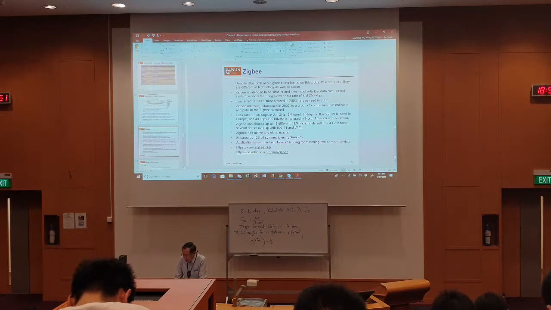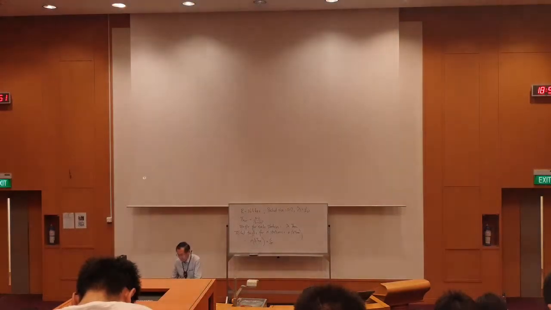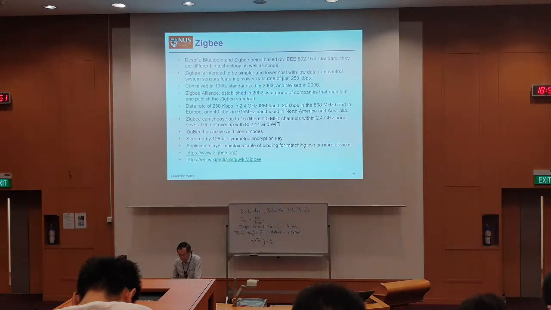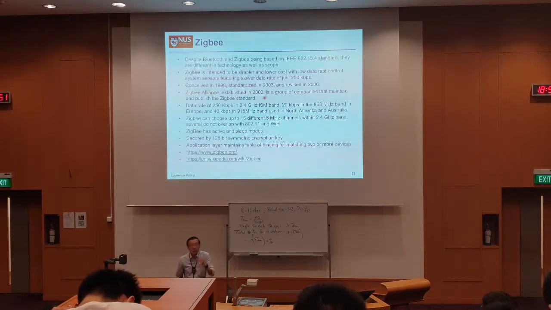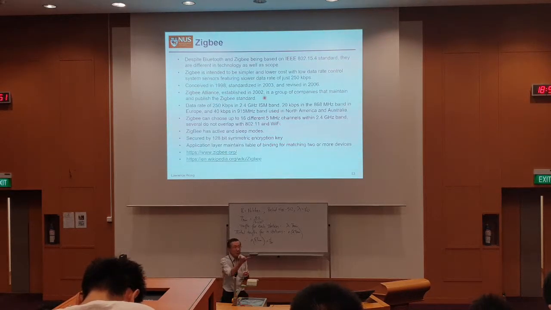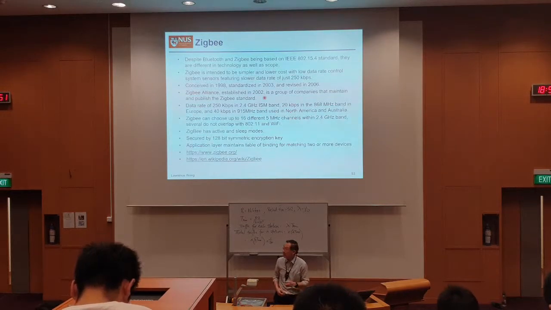So data rate is up to about 250 kilobits per second. But there are even lower rate versions. 250 is at the 2.4 gigahertz ISM band, which is the same as Wi-Fi.